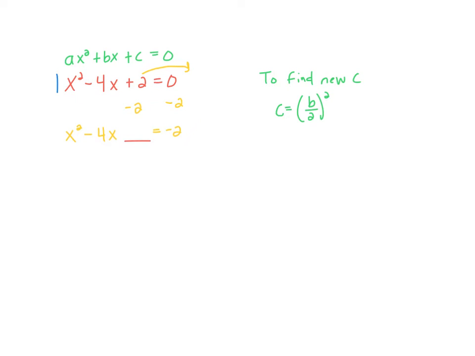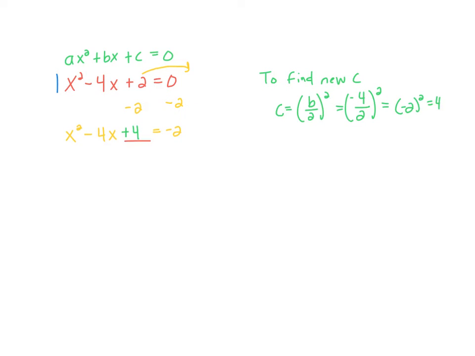So for us here, that's negative 4 divided by 2 squared. Negative 4 divided by 2 is negative 2. So we have negative 2 squared, which equals 4. Okay, so now I'm going to take that 4 and I'm going to put that here. That's positive 4. I added 4.